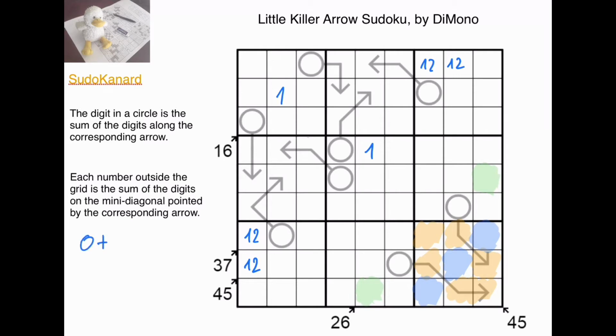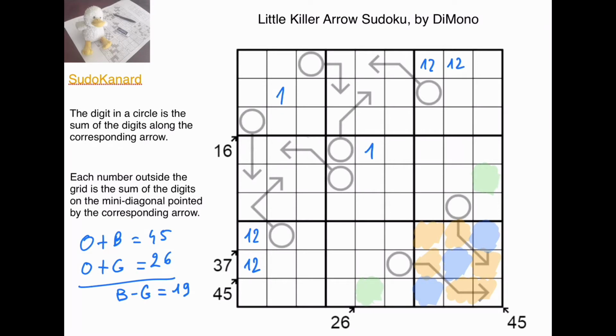Orange plus blue is 45. Orange plus green is 26. Therefore, let's subtract the equations and we get B minus G is 19. Which means that blue is green plus 19.